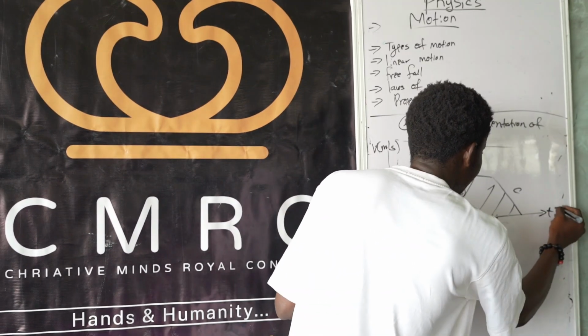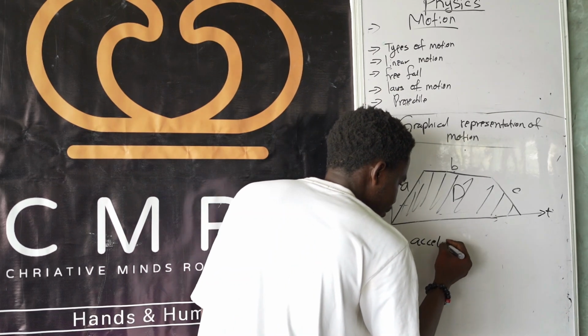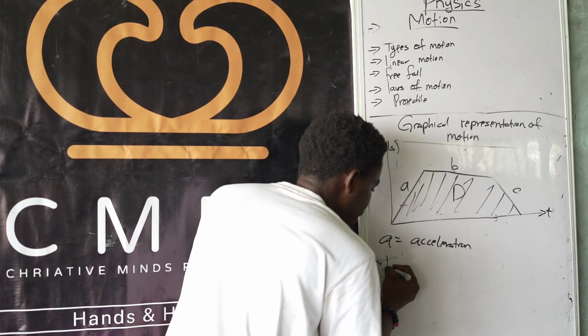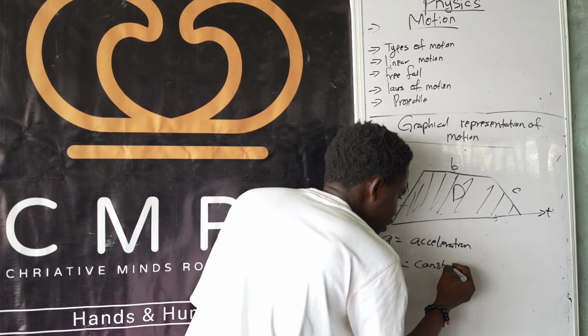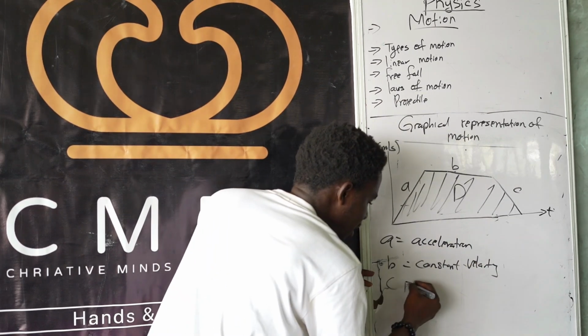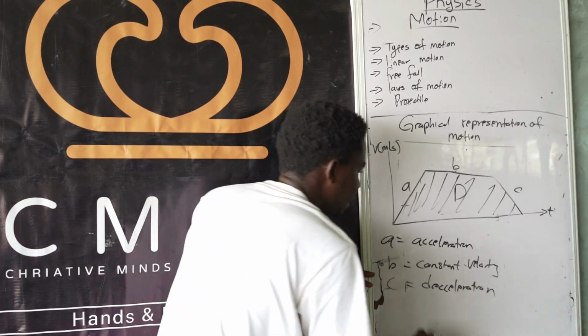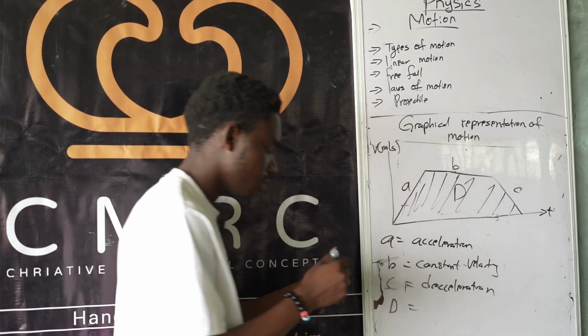Now this is time. A will represent acceleration, right? Then B will represent constant velocity. Then C will represent deceleration.